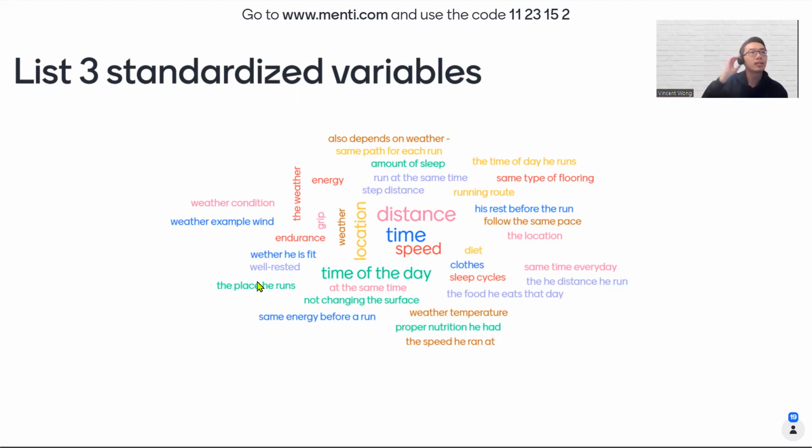But I thought you said we're trying to find out which shoe works better. That's right. So except for the shoe, everything else needs to be the same, right? Yeah, so that's why a few of us put that the distance has to be the same, because if you ran 5 kilometers in one shoe and it feels good, and then the next day he changed the shoe and ran 7 kilometers, it might feel like that shoe is not a good shoe because he actually ran in it a longer time.